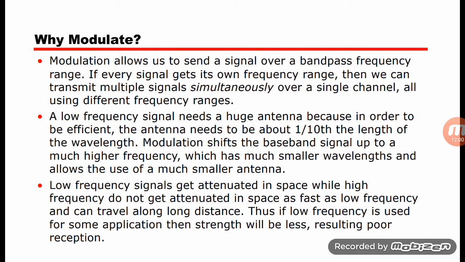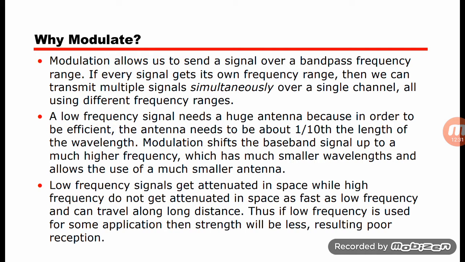So let's take an example. Let's suppose lambda is 100, okay? So this means the antenna size has to be 1/10 of 100, which is 10, right? If lambda becomes 10,000, the antenna length will be 1/10 of 10,000, which is 1,000, right?